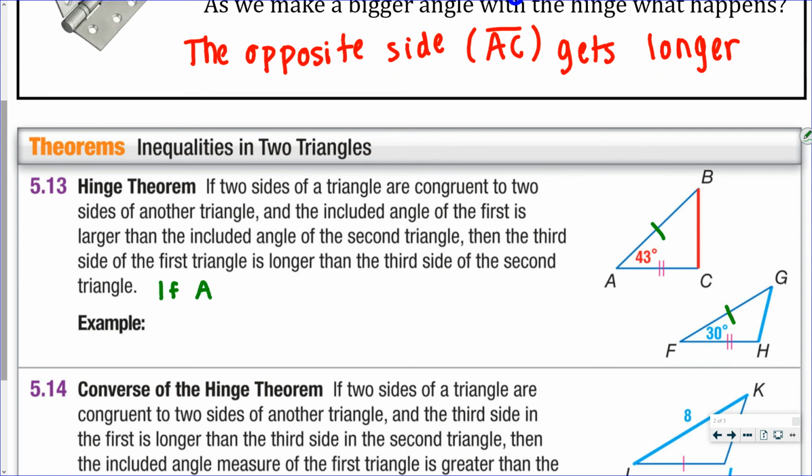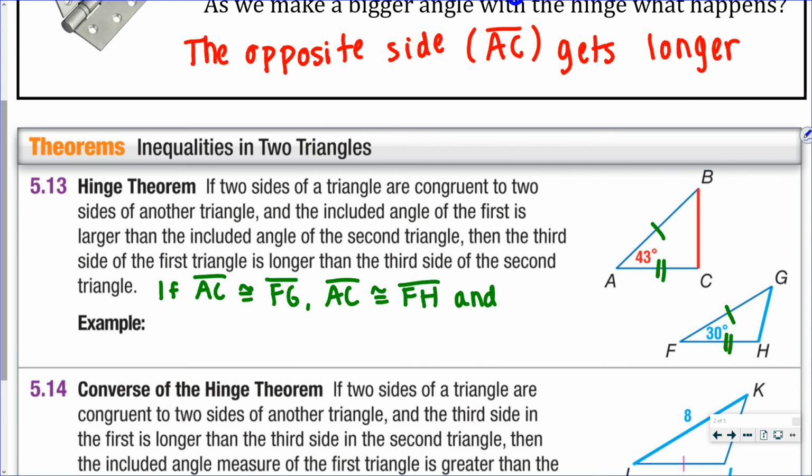If AC is congruent to FG, and a second side is congruent, in this case, AC is congruent to FH. So that has to be shown, that you have the two congruent sides, otherwise we can't necessarily say that these are being hinged or apply the hinge theorem.